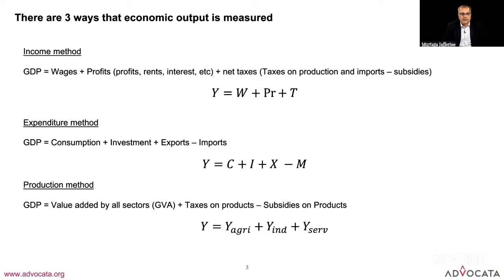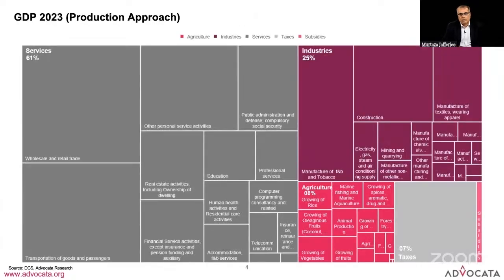The third method is what is called the production method, which is the accumulation of the different sectors. You have three main sectors: agriculture, industry, and services. So this is a tree diagram that tries to show you, under the production approach, what accounts for GDP.